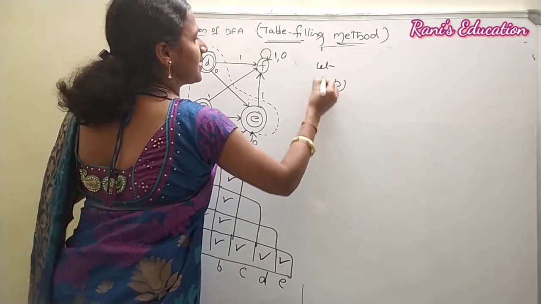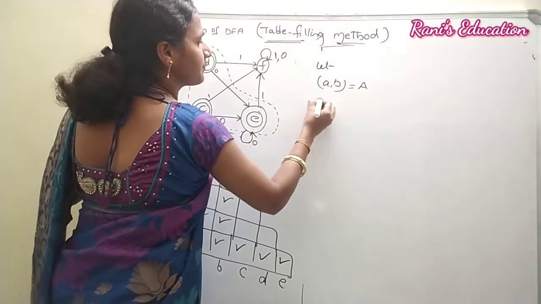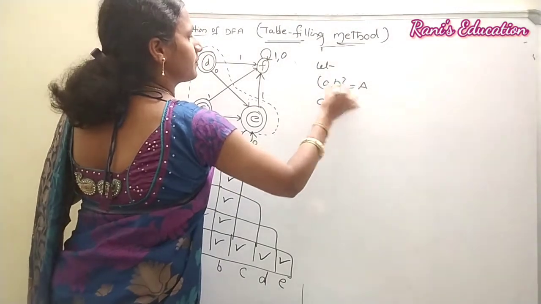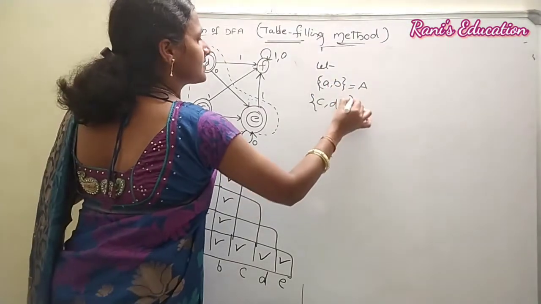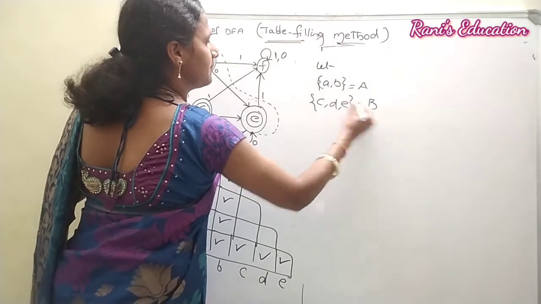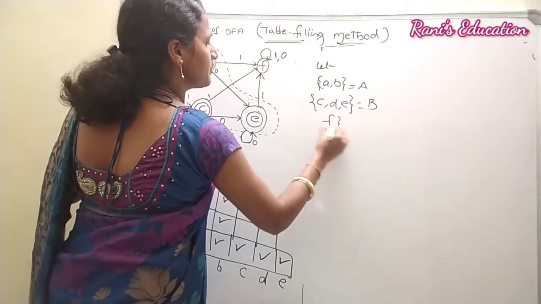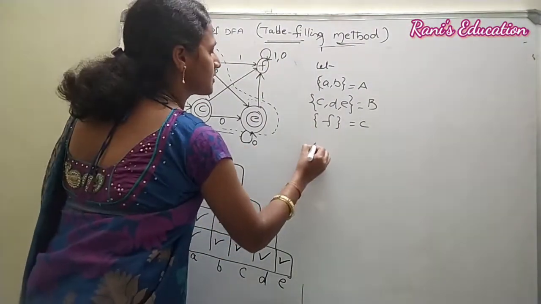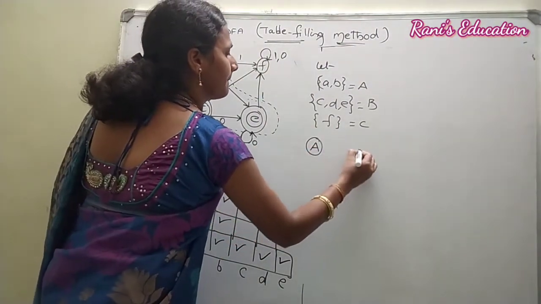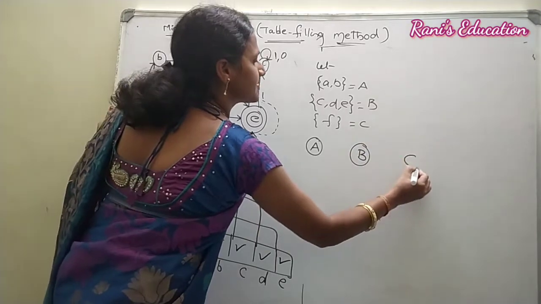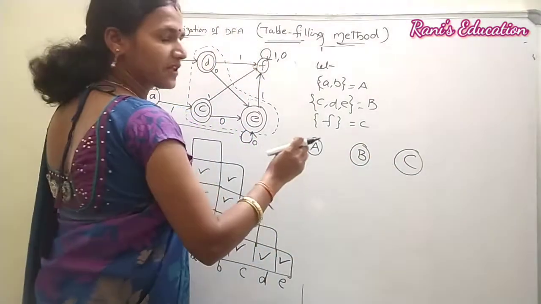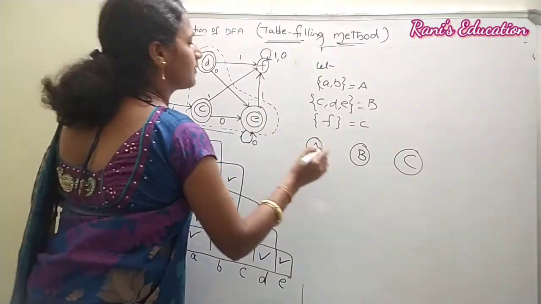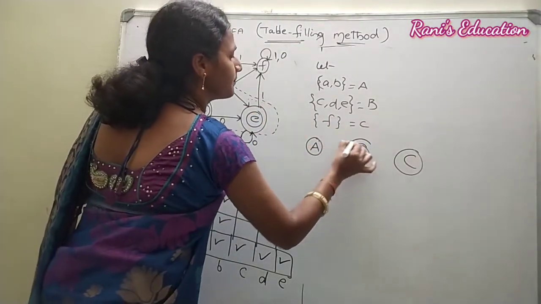AB is going to be considered as capital A, C, D, E, these three states are going to be considered as B. Then F is going to be considered as C. That means we need to take only three states A, B and C. So what are the final states in the given finite automata? C, D, E, that is B.